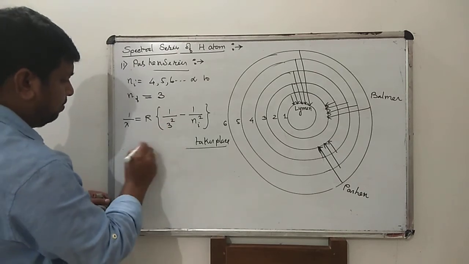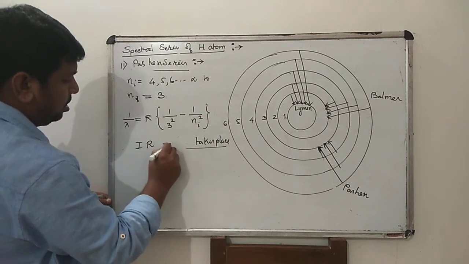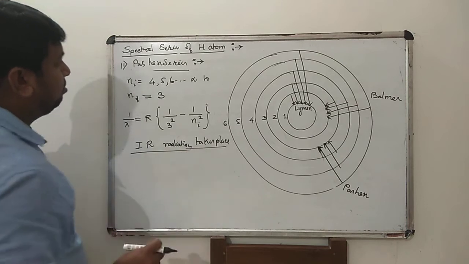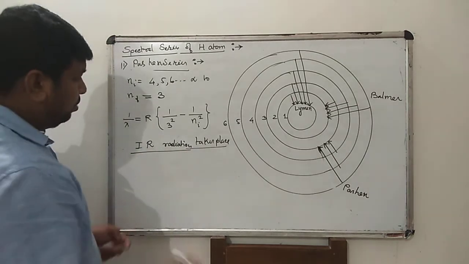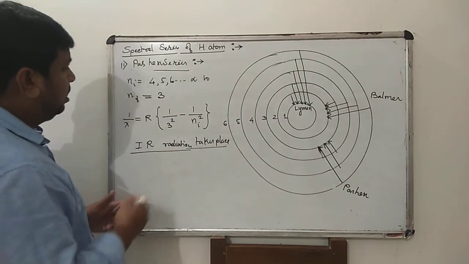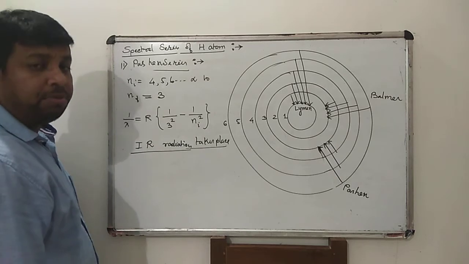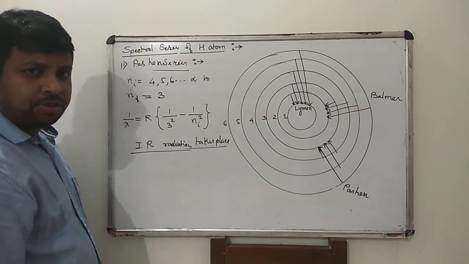So here we get infrared radiation. Infrared radiation takes place. For the first transition of the Paschen series, Ni equal to 4 and Nf equal to 3. For the first transition, this will be 4 and it will be 3.